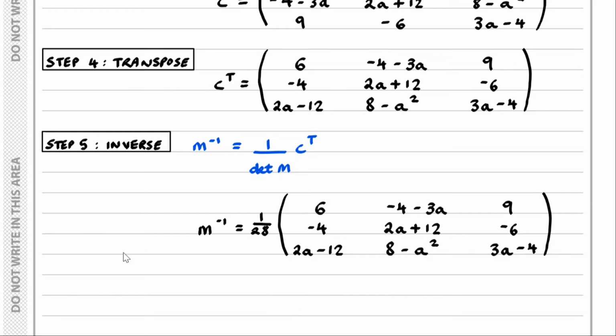And so the inverse of m is equal to 1 over 28 times the matrix 6, minus 4 minus 3a, 9, minus 4, 2a plus 12, minus 6, 2a minus 12, 8 minus a squared, and 3a minus 4. This is the inverse of m.